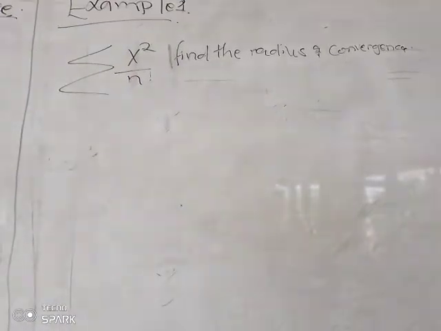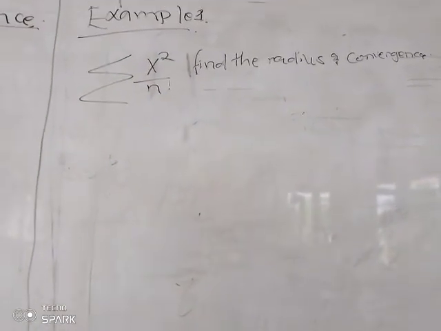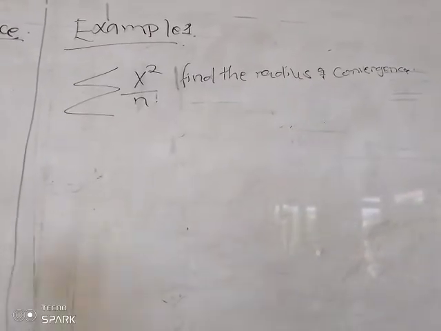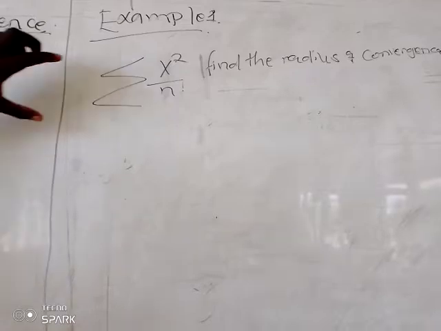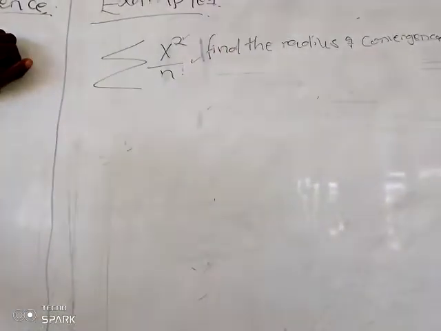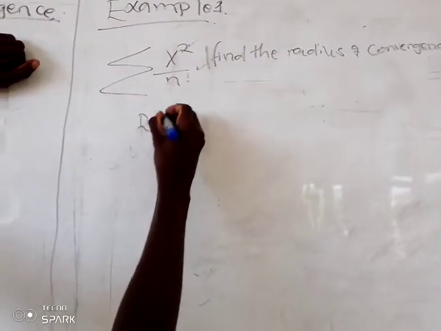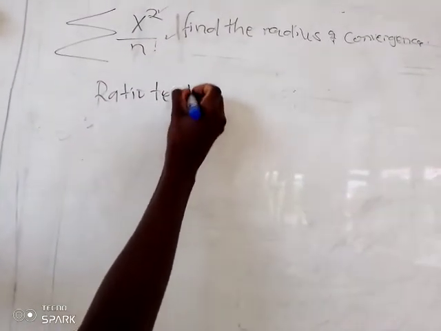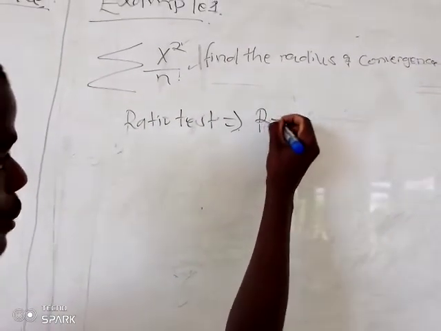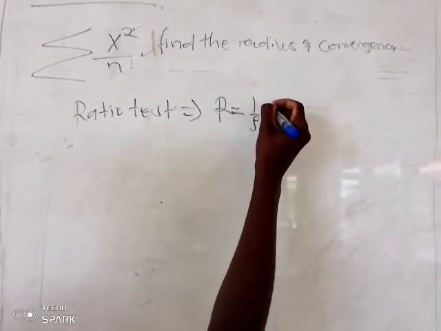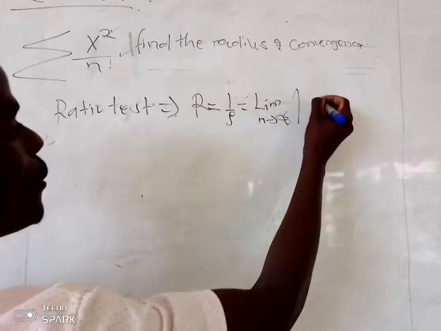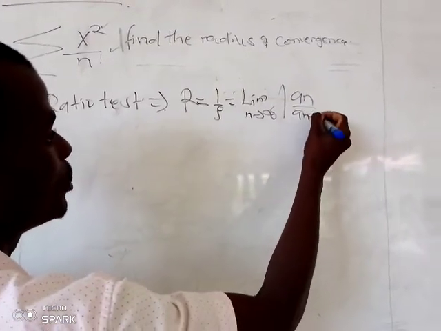In this problem, the first thing is to identify which kind of method I am going to employ to find the radius of convergence. Now that this problem involves a numerator and a denominator, we are going to use the ratio test, which implies that our R is equal to 1 over rho, which is equal to the limit as n tends to infinity of an all over an plus 1.